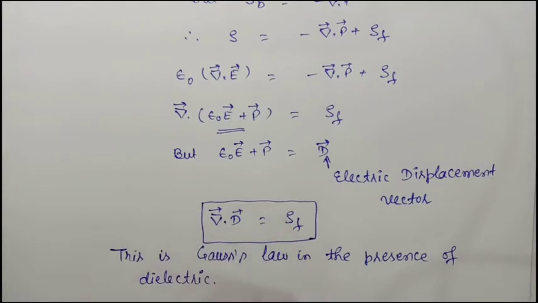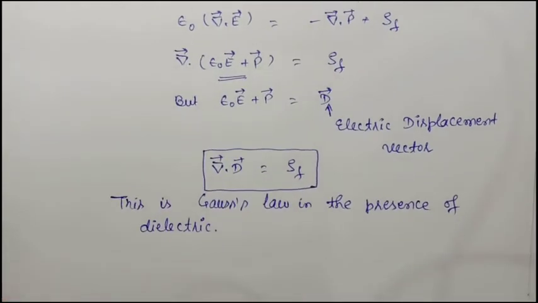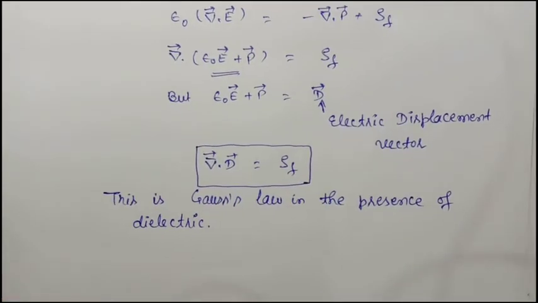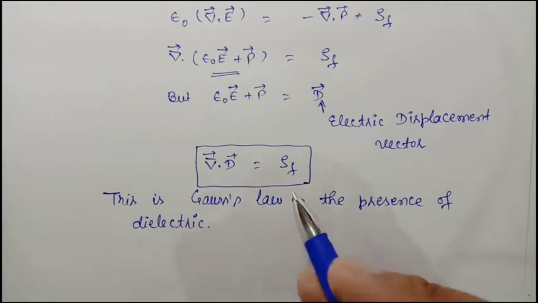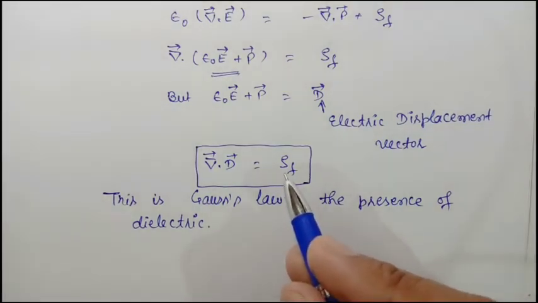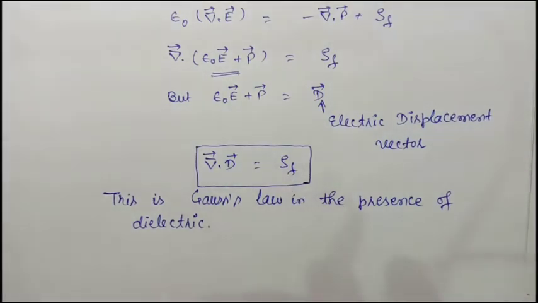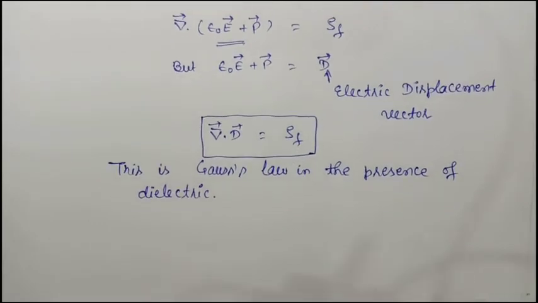Actually, this is a differential form of Gauss law. Differential form of Gauss law means divergence of electric displacement vector is equals to the volume charge density due to free charges, and this is a differential form.